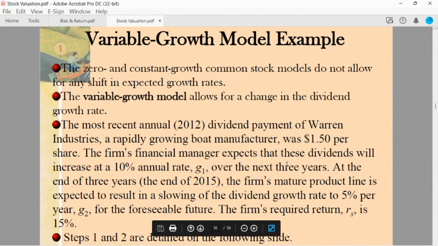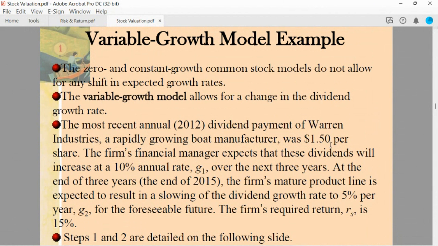First of all, the name of the company doesn't really matter, right? We can just call it Company X. We don't really need to, but this is important: rapidly growing boat manufacturer. It's growing rapidly currently, right? It was $1.50.